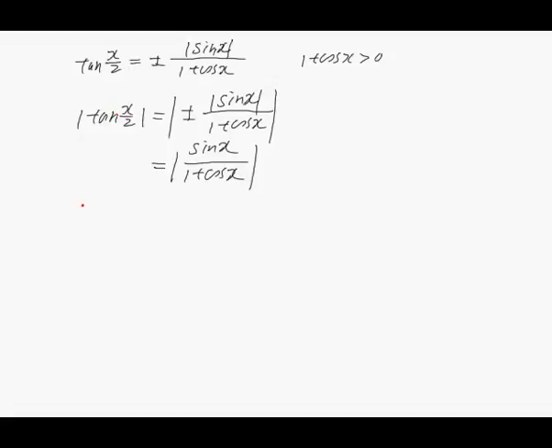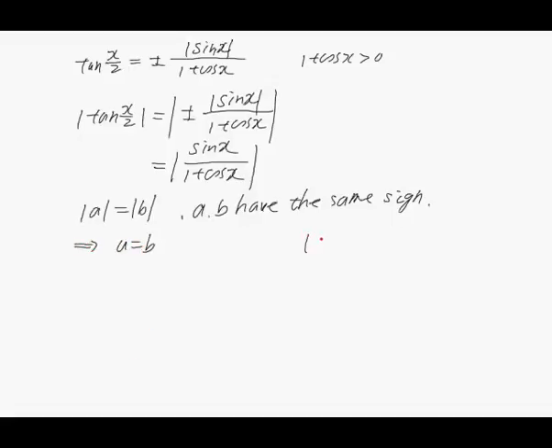So if you have two variables a and b which have the same absolute values, and also a, b have the same sign, either they are both positive or they are both negative, then this just implies a equals b, right?